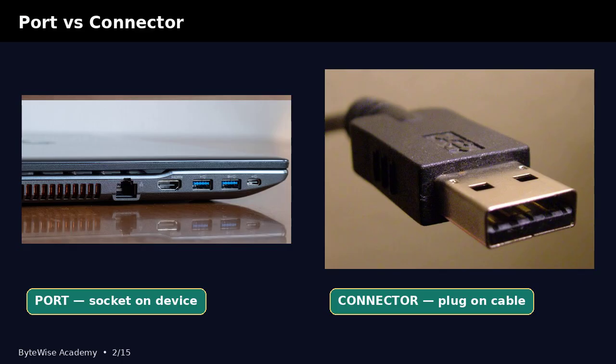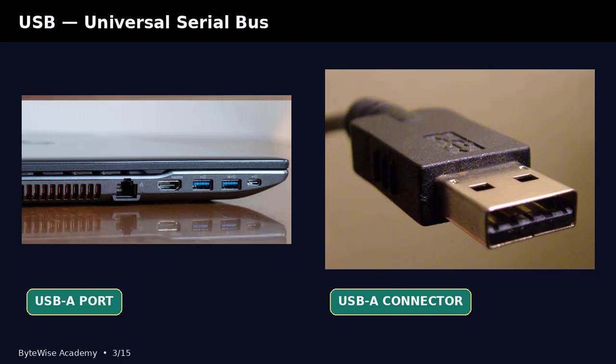pen drive. Let's start with one of the most commonly used interfaces, USB or Universal Serial Bus. You probably use USB every day. USB can be used to connect keyboards, mice, pen drives, external hard drives, smartphones, printers, and many other devices.